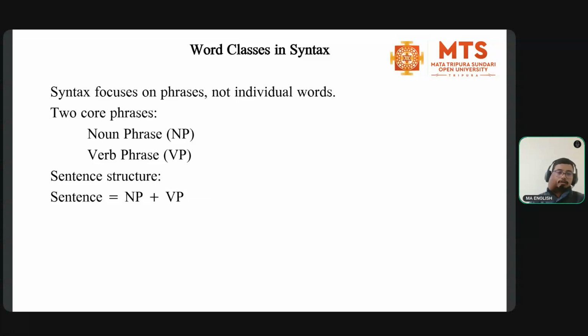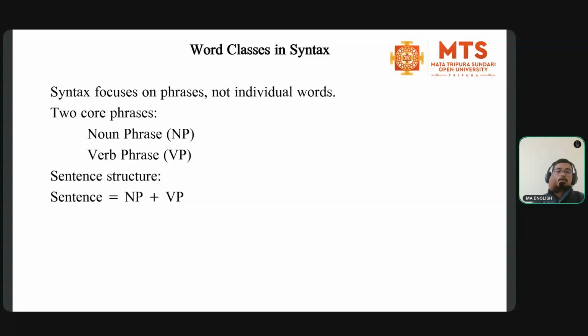So, for example, in the sentence, the boy is reading a book, the boy is the noun phrase, and the rest, is reading a book, is the verb phrase. So understanding word classes in syntax helps us see how meaning is organized in sentences. So syntax studies structure, not vocabulary.